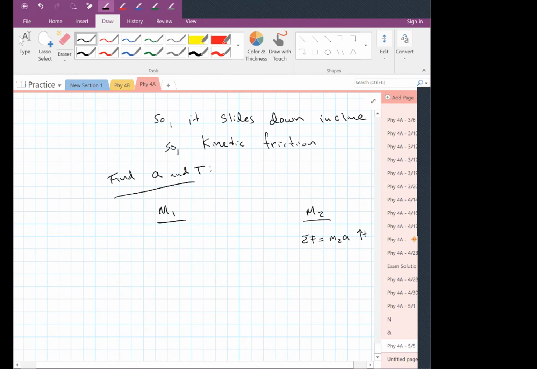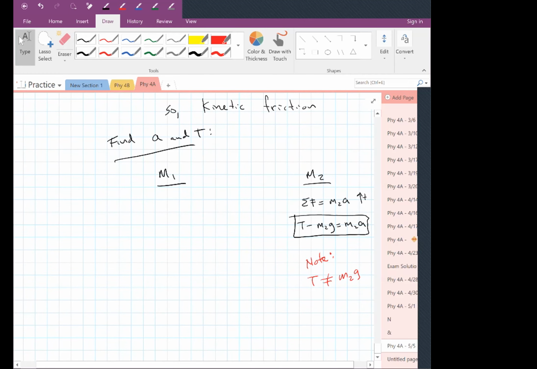And what do I get? Tension minus M2 g is M2 a. So that's one equation with two unknowns. I should point out, note, the tension does not equal M2 g anymore. I used tension equals M2 g for the initial tension, just at the instant we were letting go of it.